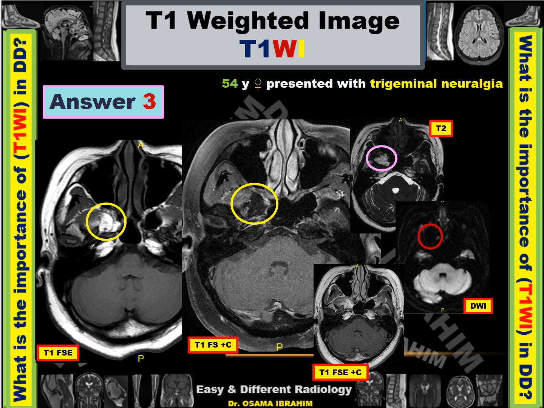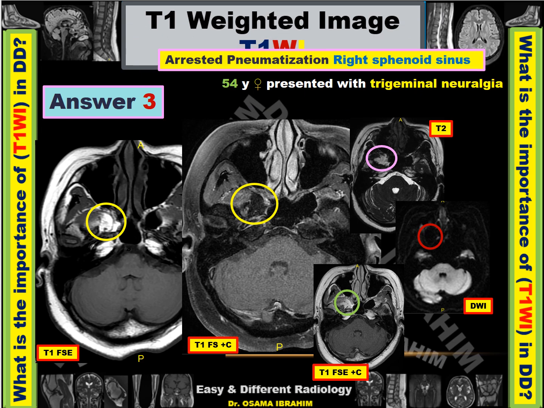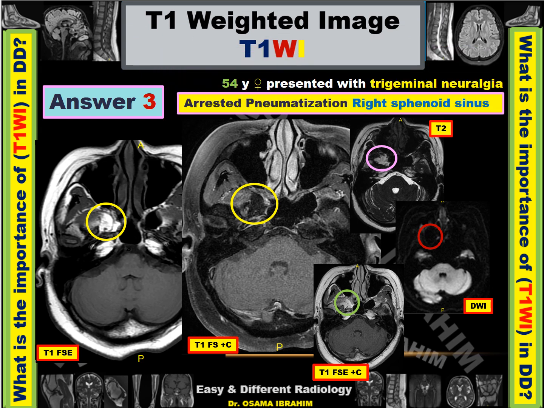The lesions also show no contrast enhancement in the T1 fast spin echo or T1 fat suppression post contrast, and the final diagnosis is considered a fatty lesion at the region of the right sphenoid sinus, which is not seen at its place. So the final diagnosis is considered arrested pneumatization of the right sphenoid sinus.